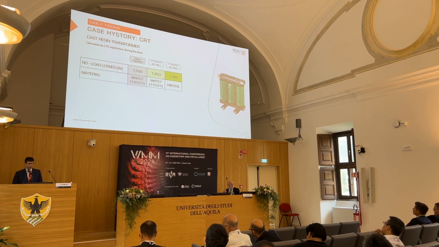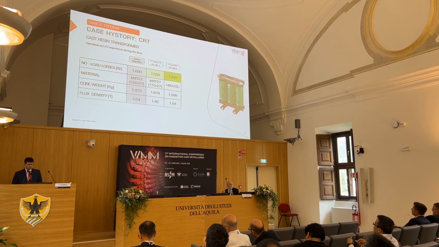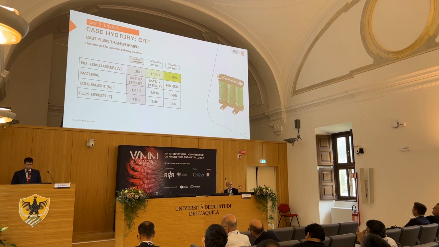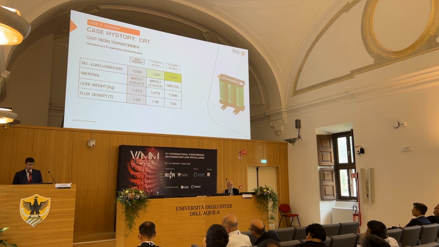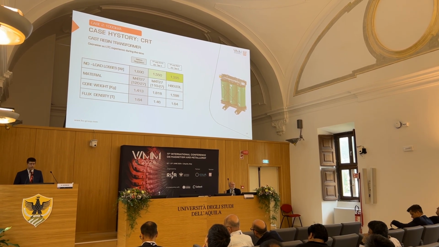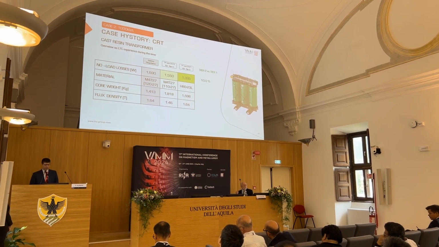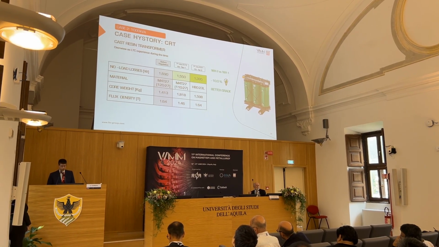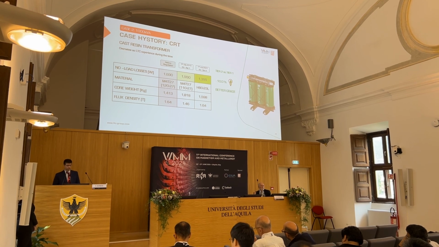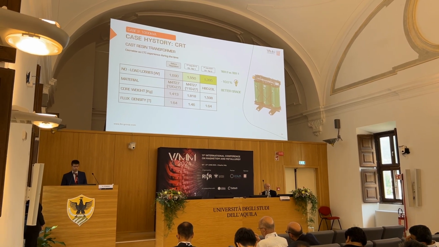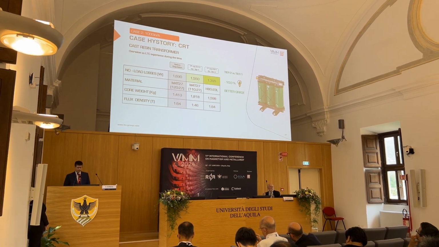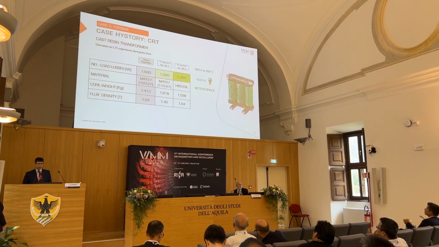Now we have another case, the 1000 kVA. Again, this is similar to before, same rating, and the losses from the regulation are exactly the same. But the difference between Tier 2 and Tier 1 in this case is that this customer changed the grade from M4027, a conventional grade, to a laser-treated material, H8023.